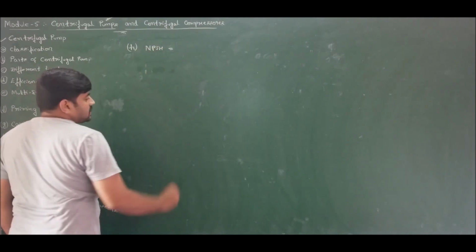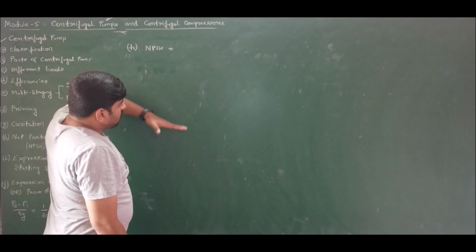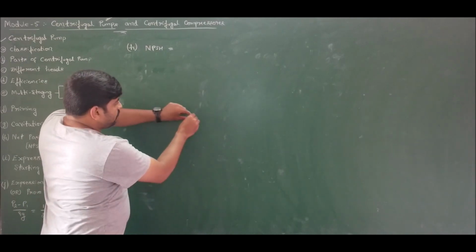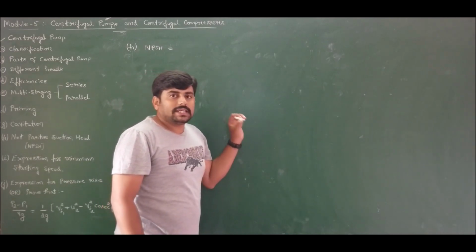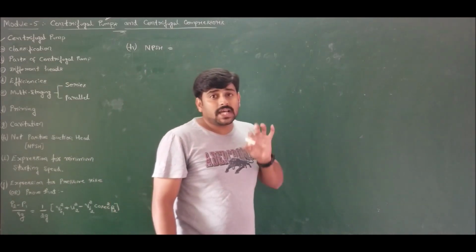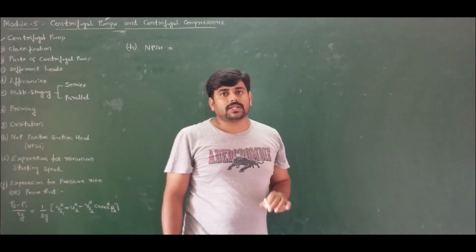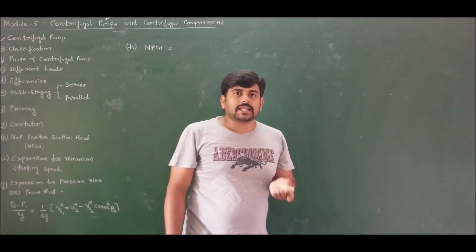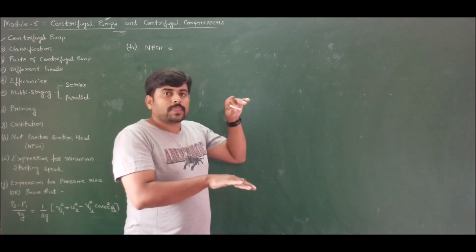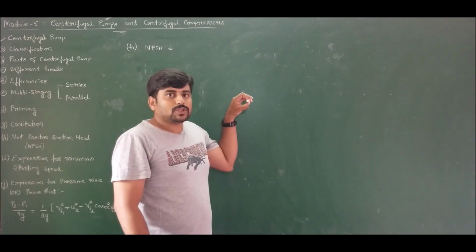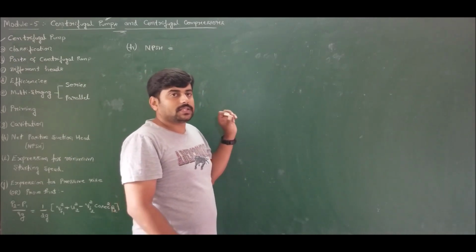NPSH tells us at what vertical height the axis of the pump should be located from the sump water level, which indicates the suction head required to avoid cavitation. So the net positive suction head calculation tells us at what height from the sump level the axis of the pump should be mounted to avoid cavitation.